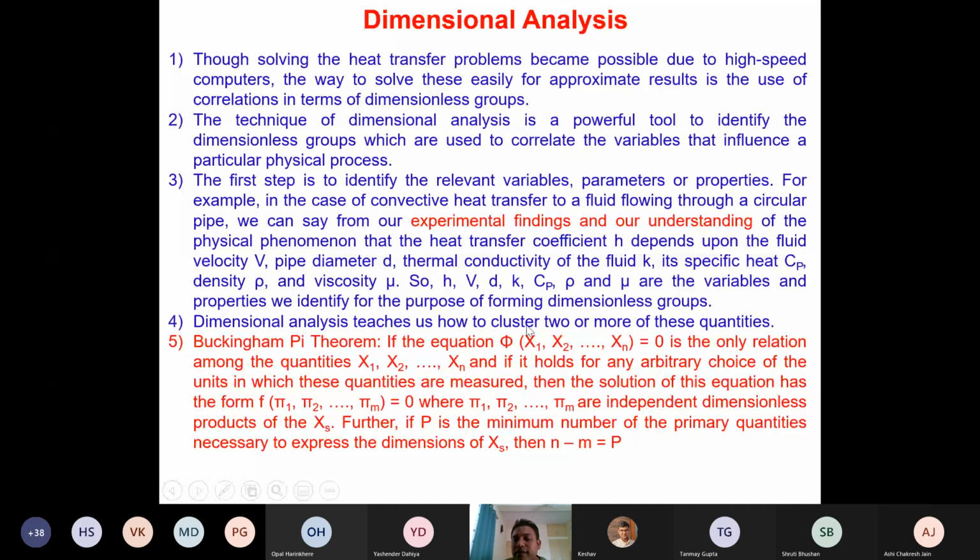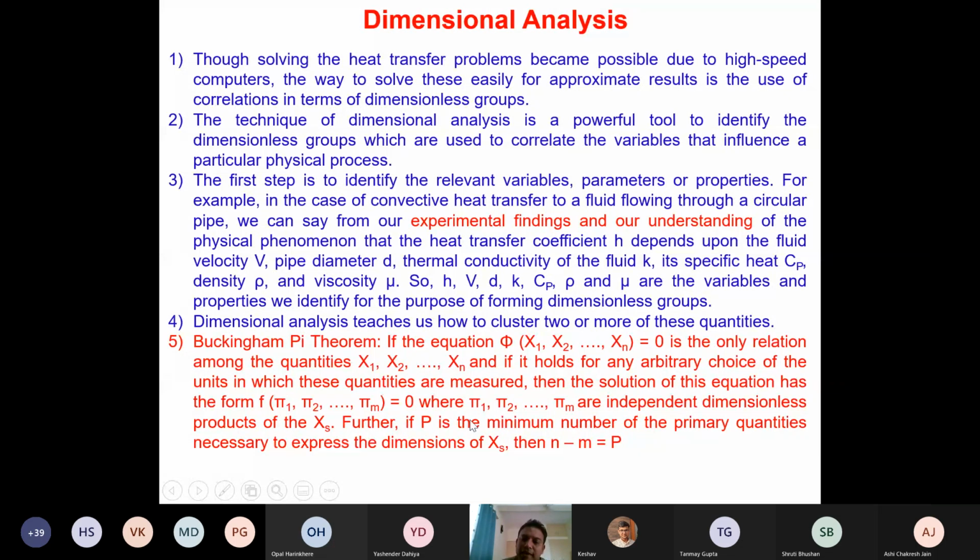So what it means is this relation should be a fundamental relation. That is what it says by this particular line. If it holds in any arbitrary choice of the units. Okay, then the solution of this equation has the form again function of pi1, pi2, pi m equals 0, where pi1, pi2, pi m are the independent dimensionless products of x's.